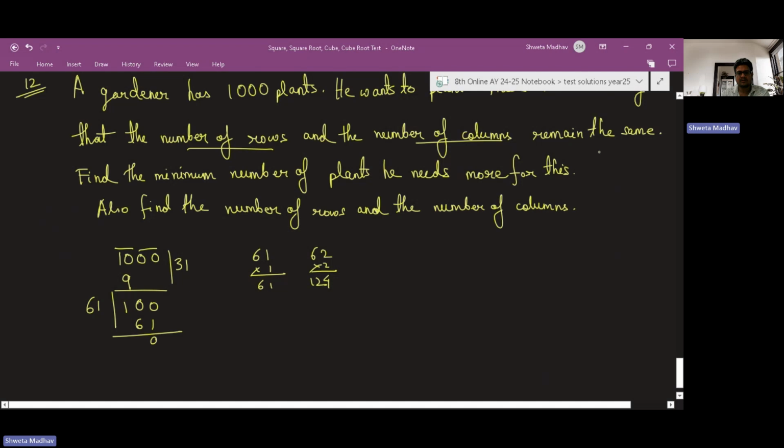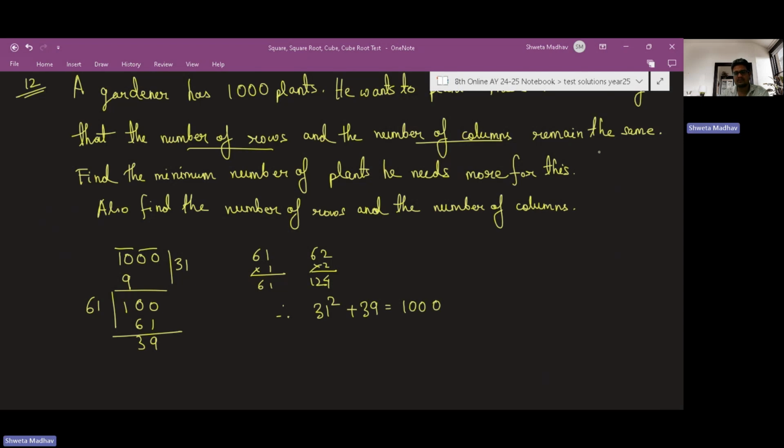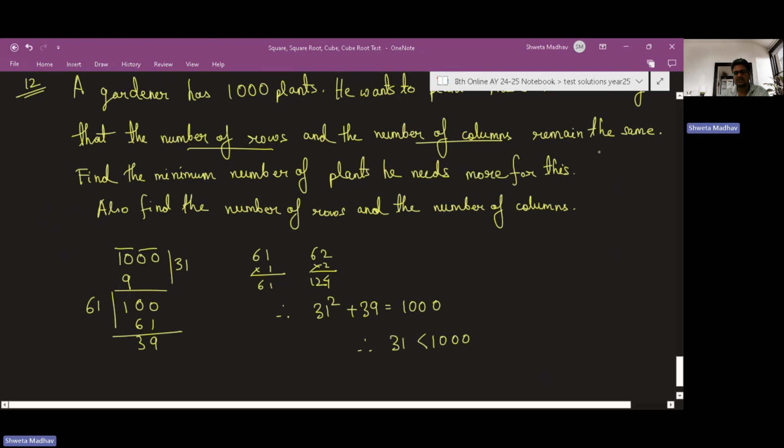And then the remainder will be 39. So therefore 31 square plus 39 is equal to 1000. So I can say that 1000 is slightly greater than 31 square but less than 32 square.